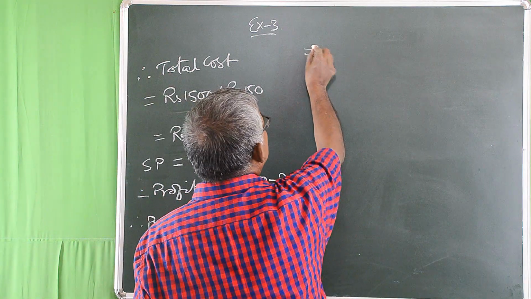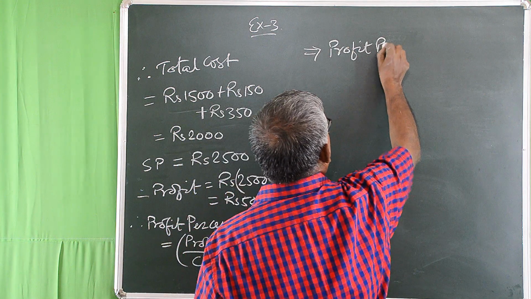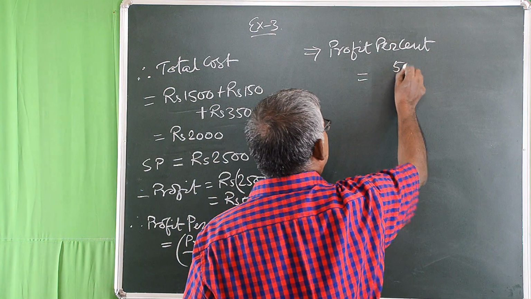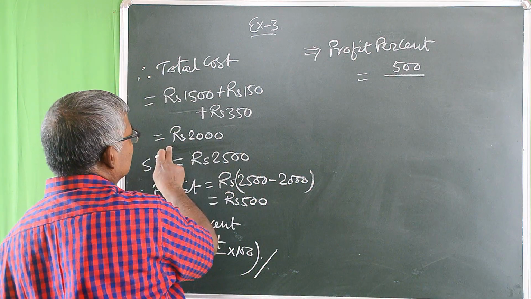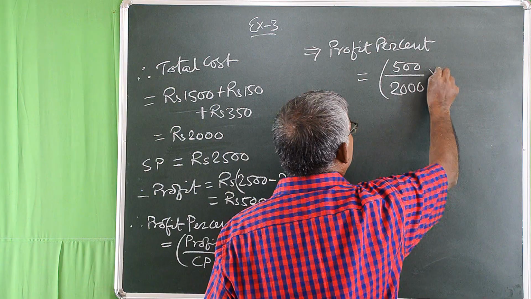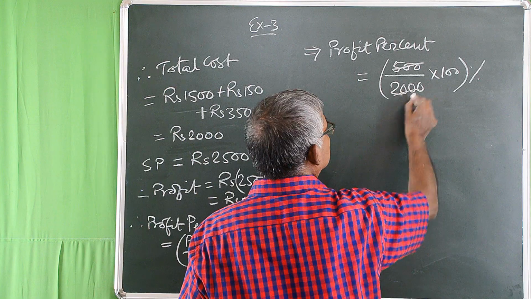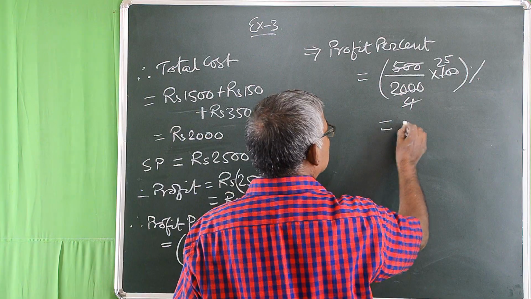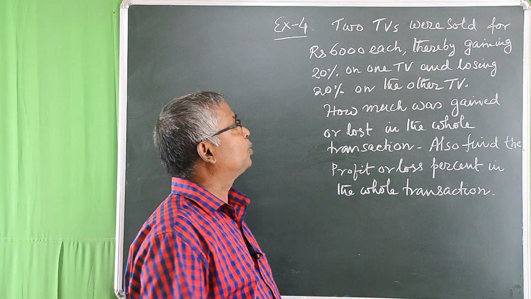This implies that profit percent equals to 500 by what is the cost price, that is 2000 into 100% equals to 25%.